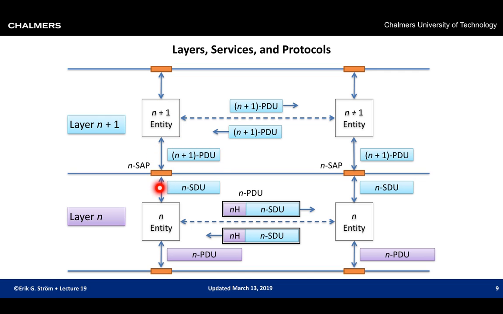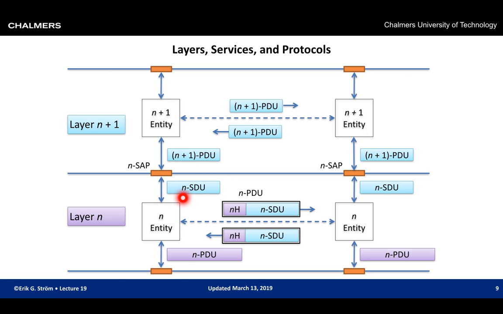And once it's pushed down here, it changes names from a protocol data unit to a service data unit. So from the perspective of layer n, it gets data from above, and this is the bits that the service that layer n provides to the layer above it should transmit. So whatever bits we get down here, we think of that as a service data unit.